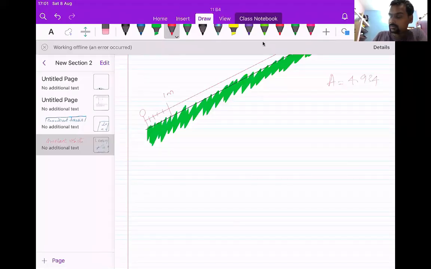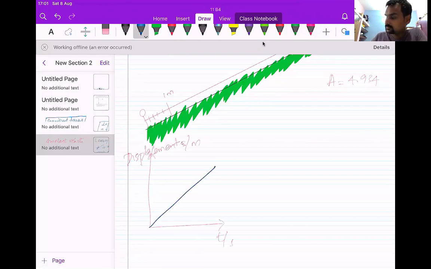Now we know how the displacement time graph is going to look like when the velocity is constant. So we know that this is going to be time in seconds. This is going to be displacement S in meters. It's going to look like this.